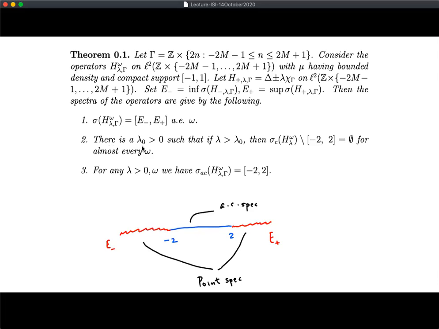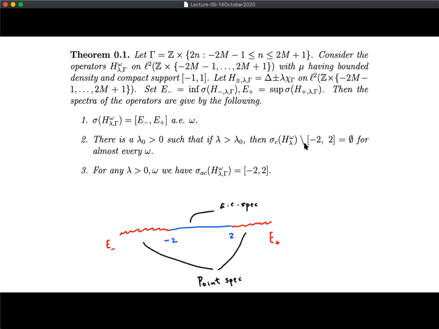The next statement is that there is a lambda 0 positive, such that if lambda is bigger than lambda 0, this is the large disorder, where lambda 0 would be large. So when lambda is bigger than that, then the continuous spectrum outside -2 to 2 is empty for almost every omega.